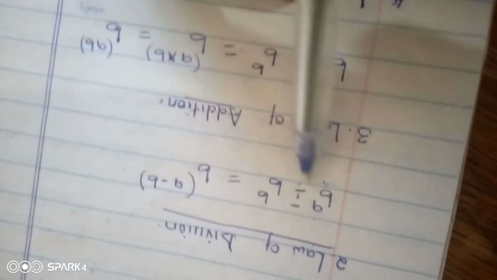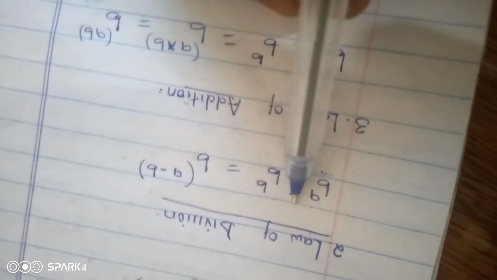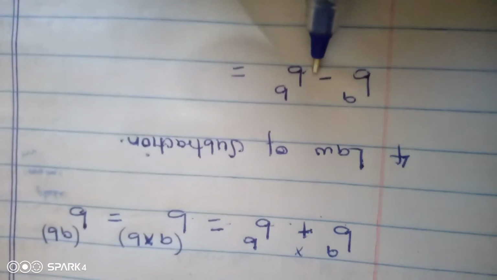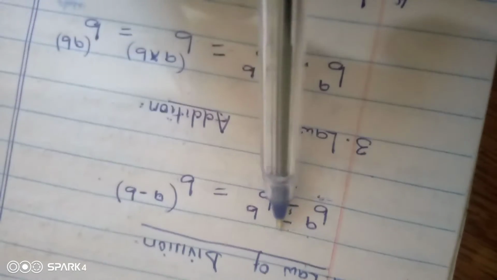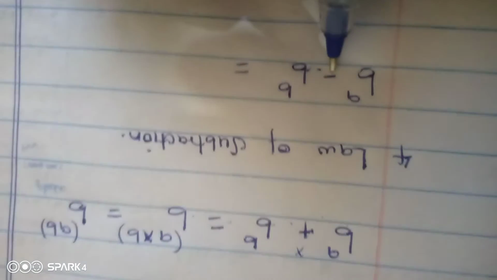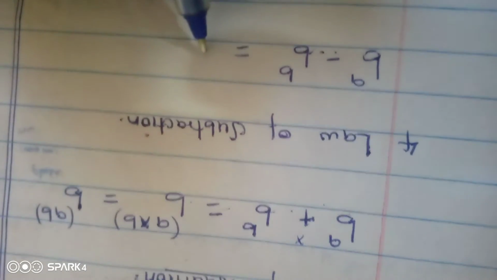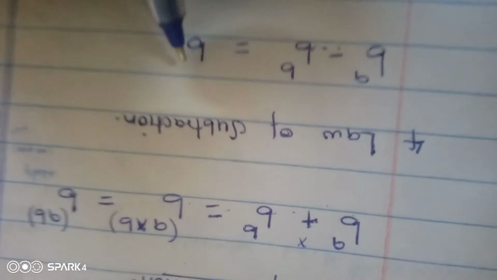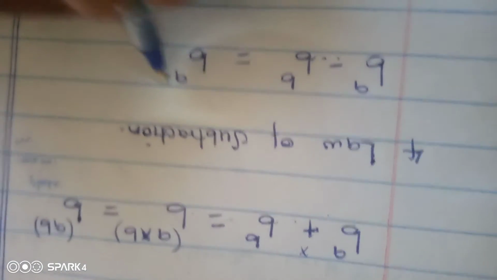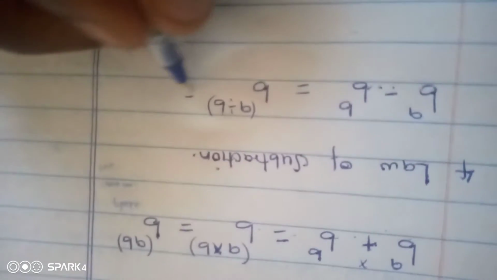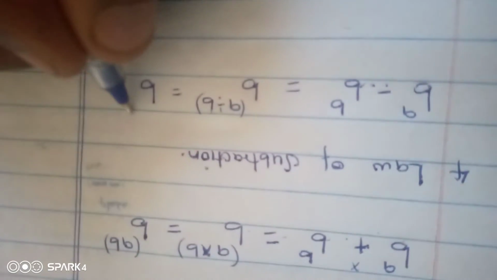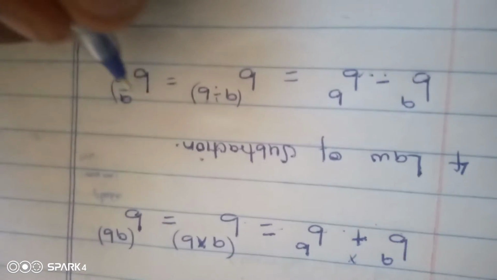Instead of the division sign we use the subtraction sign. And now here, guys, because we are using the subtraction sign, we interchange it this way. So it will be the same as b raised to a divided by b, which is also the same as b raised to a over b.